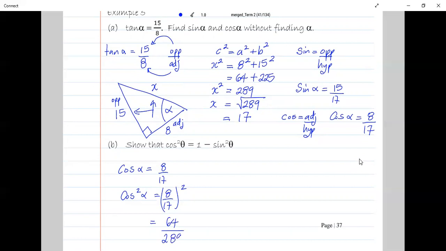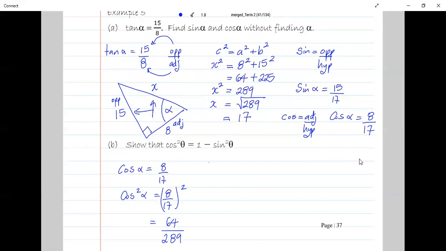Now, what they're asking us to do is to work out what is 1 minus sine square alpha. And if it turns out to be 64 over 289, then we could say that cos square alpha is equal to 1 minus sine square alpha.